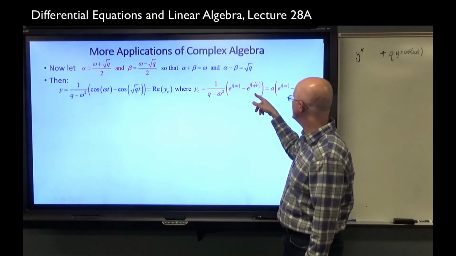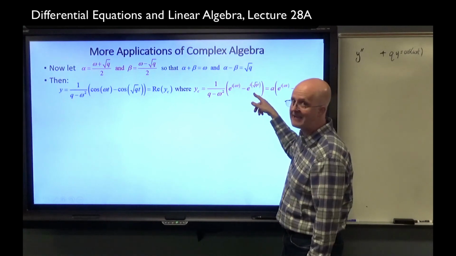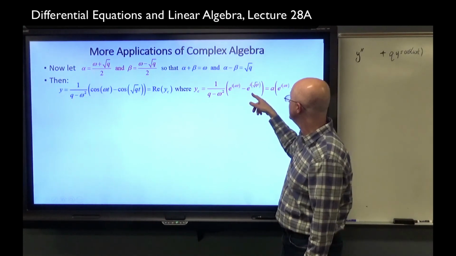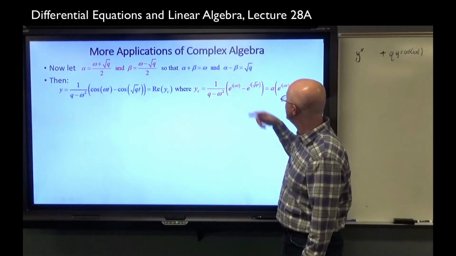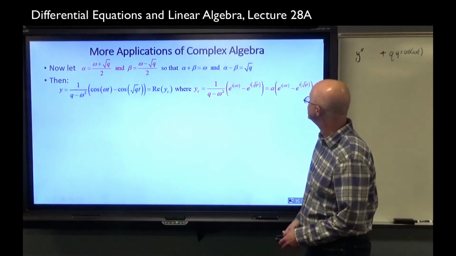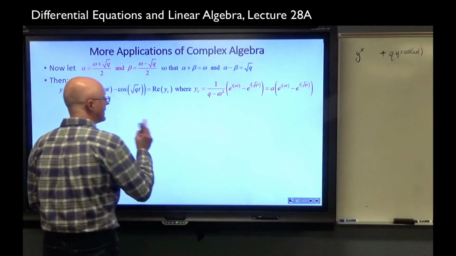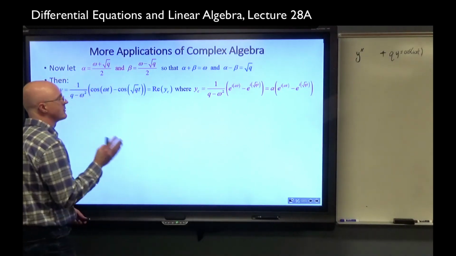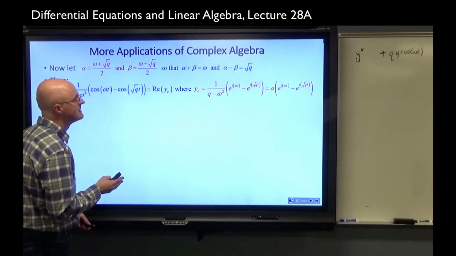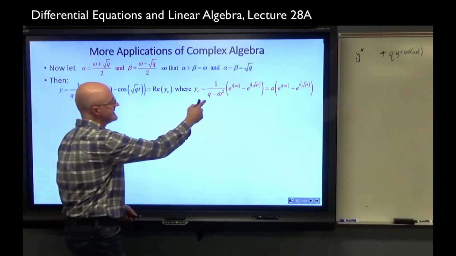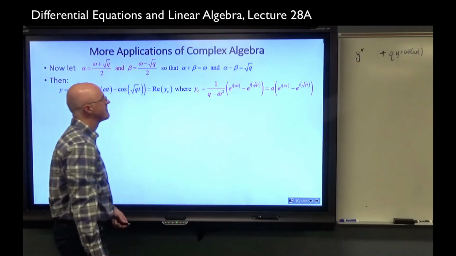This thing here would be cosine square root of q t plus i sine square root of q t. If we subtract them, the sine terms go away. Excuse me, they don't go away, but when we take the real part it just gives us the cosine terms. This thing is the same as a, so I just called it a.